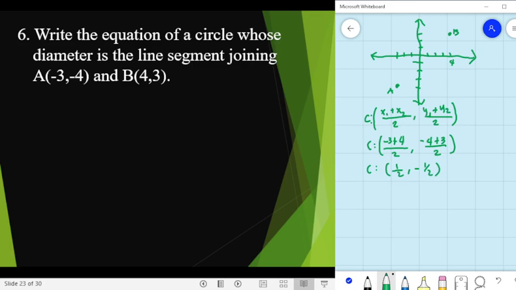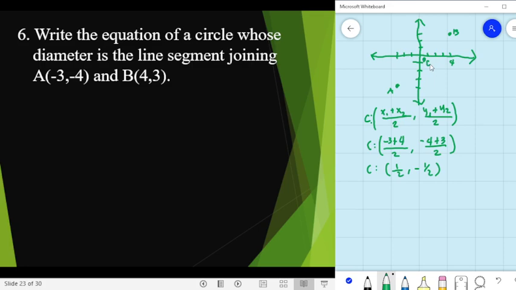So that is why your center is at 1/2, -1/2.